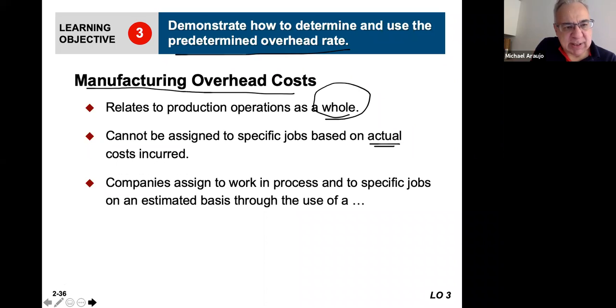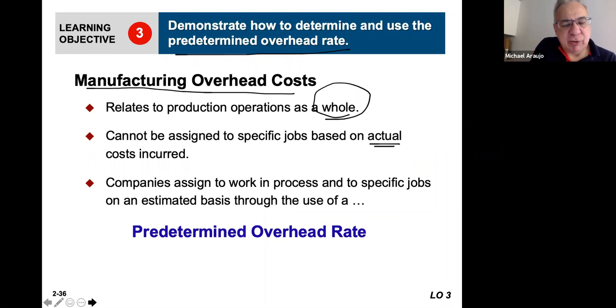And that's what this part of the chapter introduces you to. A predetermined overhead rate is estimated and created at the very beginning, so as jobs get done, they know basically how much manufacturing overhead cost should be added to that job's total cost.